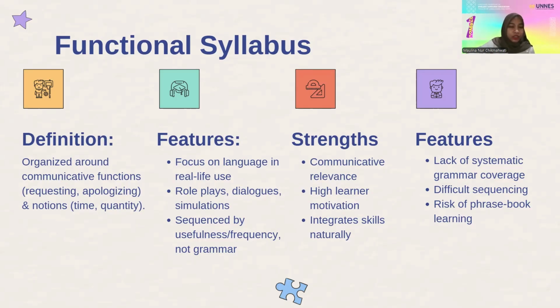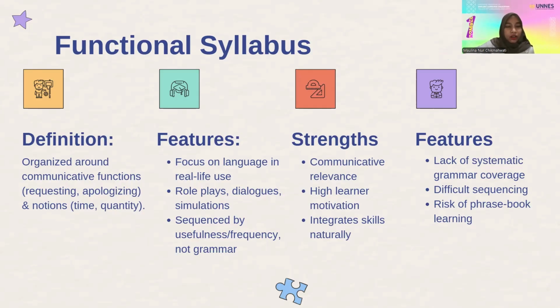Some key features in functional syllabus. First, functional syllabus focuses on language in real life use. For example, it could be in the form of role plays, dialogues, and simulations. Functional syllabus also sequences by usefulness or frequency, not grammar.